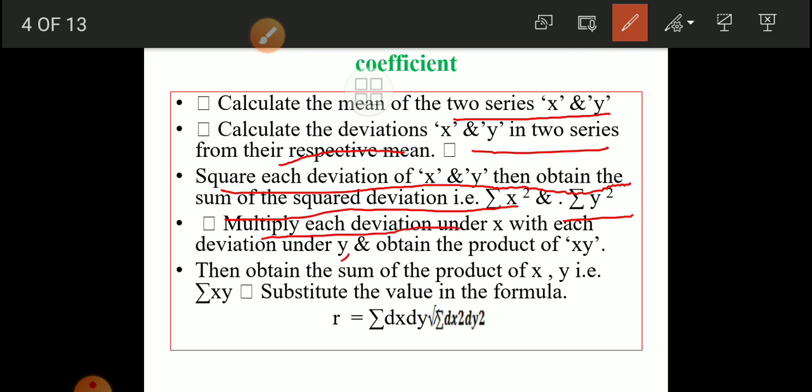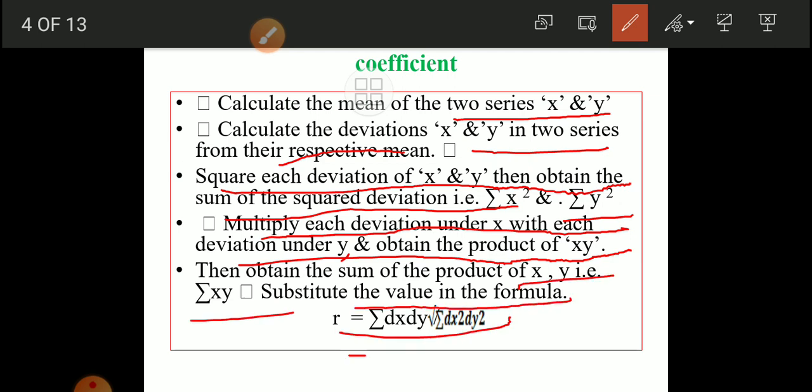Multiply each deviation under x with each deviation under y and obtain the product of x and y. Then obtain the sum of the products of x and y, that is summation xy. Substitute the values into the formula: degree of correlation is equal to summation dx dy divided by the square root of summation dx square into summation dy square.